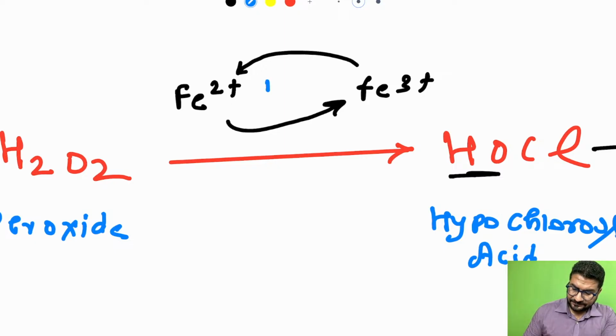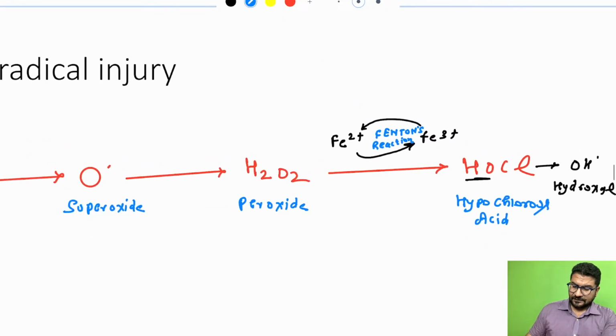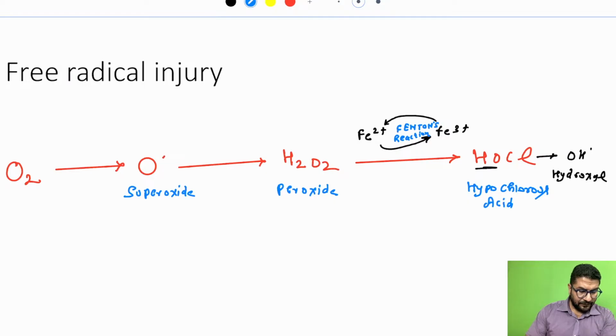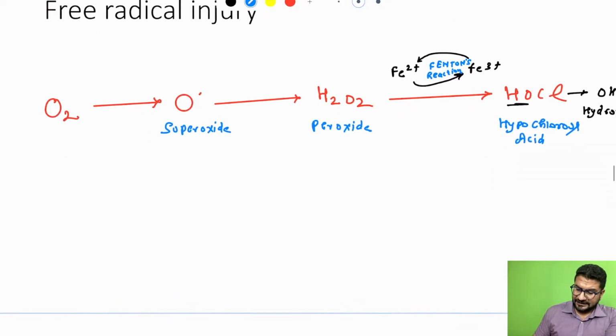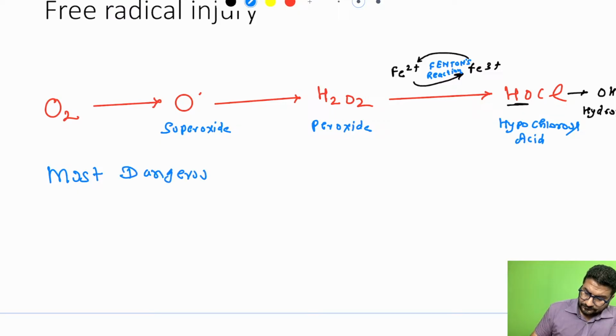So this reaction is what we call Fenton's reaction. Now try to understand what type of question they ask you in exam. They ask you question like most dangerous free radical. Most dangerous free radical will be hydroxyl free radical.